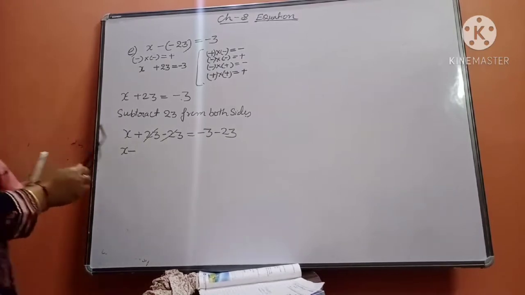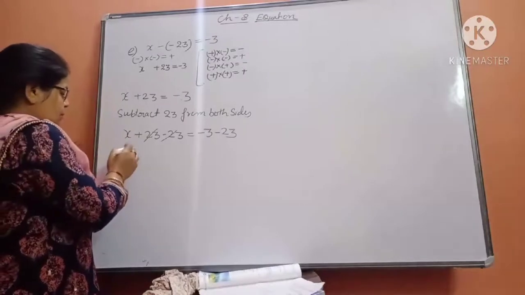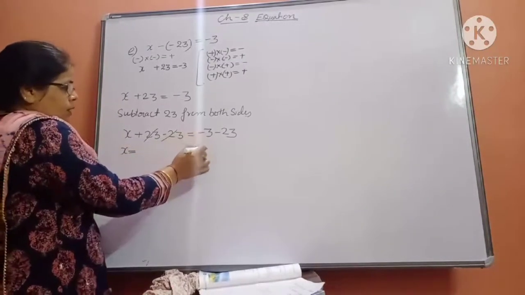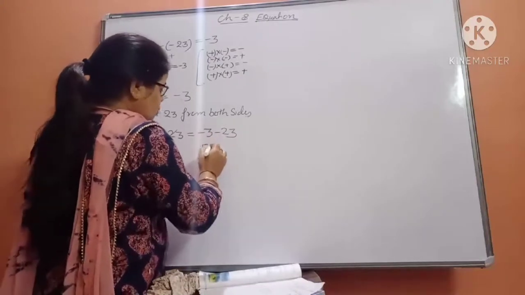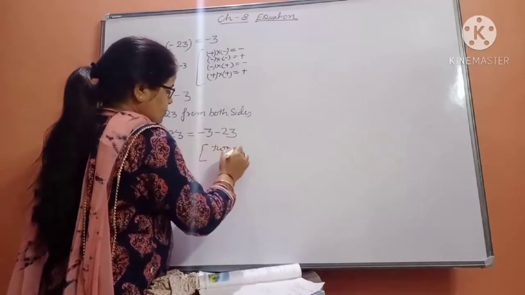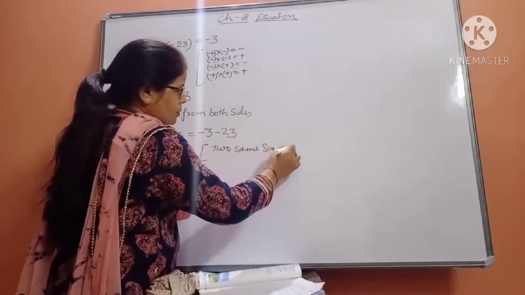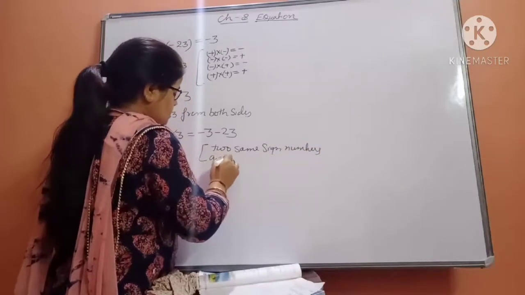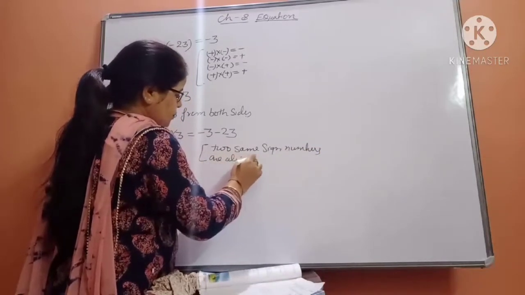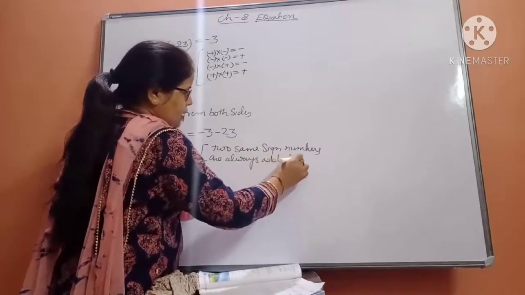Now, beta, both the 23s have been removed from here. So x is equal to, here both the signs are negative. Which rule will be applied? Two same sign numbers are always added with their sign.